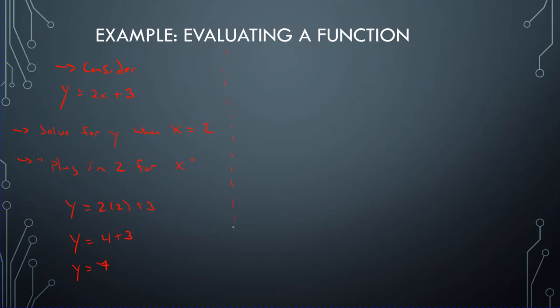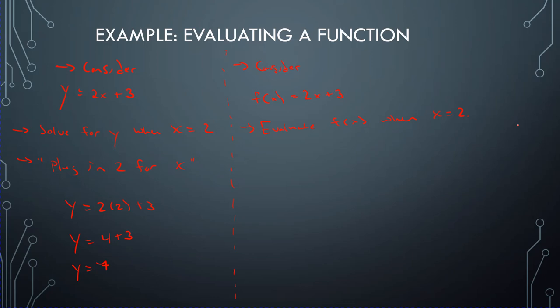Now, if I just said, consider this: f of x is equal to 2x plus 3. Let's evaluate f of x when x is equal to 2. Just like you did before, f of x is just another way of saying y in this case.